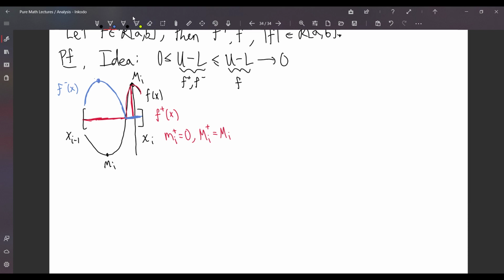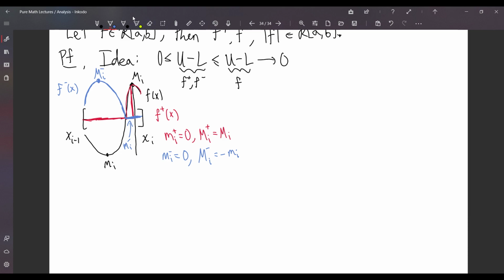This is going to be big M sub i minus, and then this is going to be little m sub i minus. So little m sub i minus is 0, and capital M sub i minus is going to be minus little m sub i.